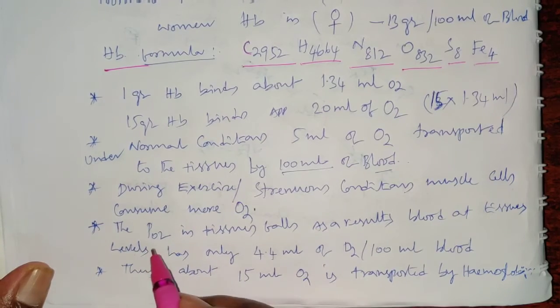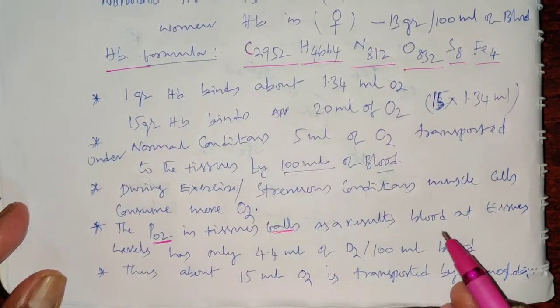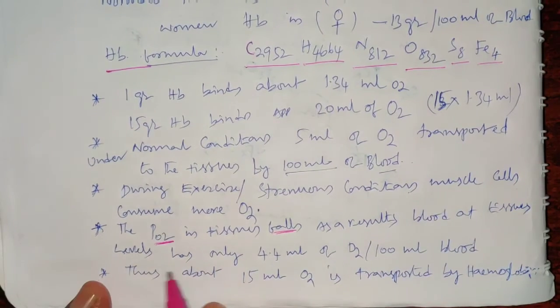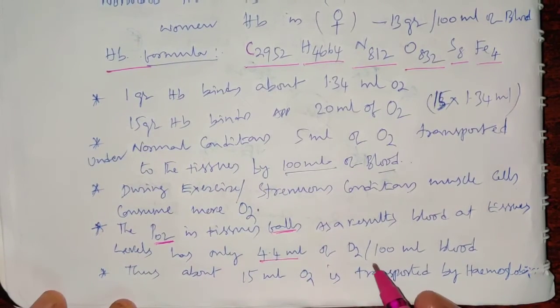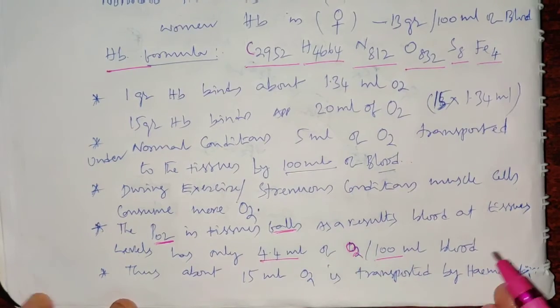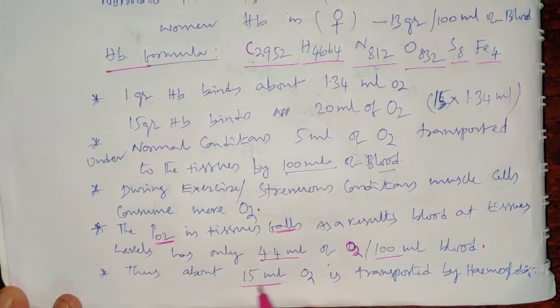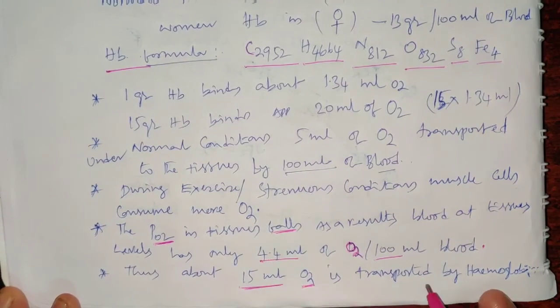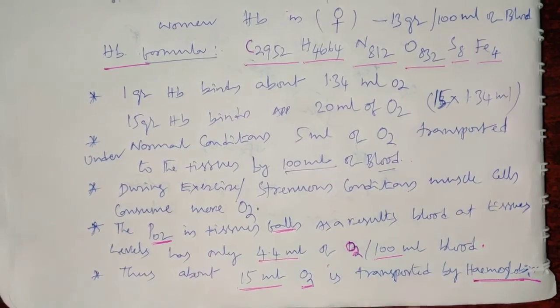So the partial pressure of oxygen in tissues falls, and as a result, the blood at tissue level has only 4.4 ml of oxygen per 100 ml of blood. Thus, about 15 ml of oxygen is transported by hemoglobin.